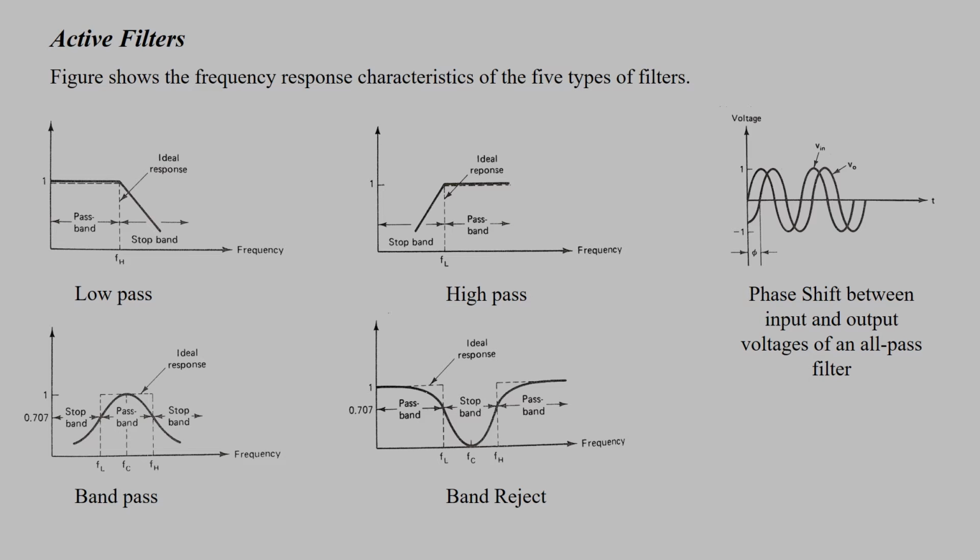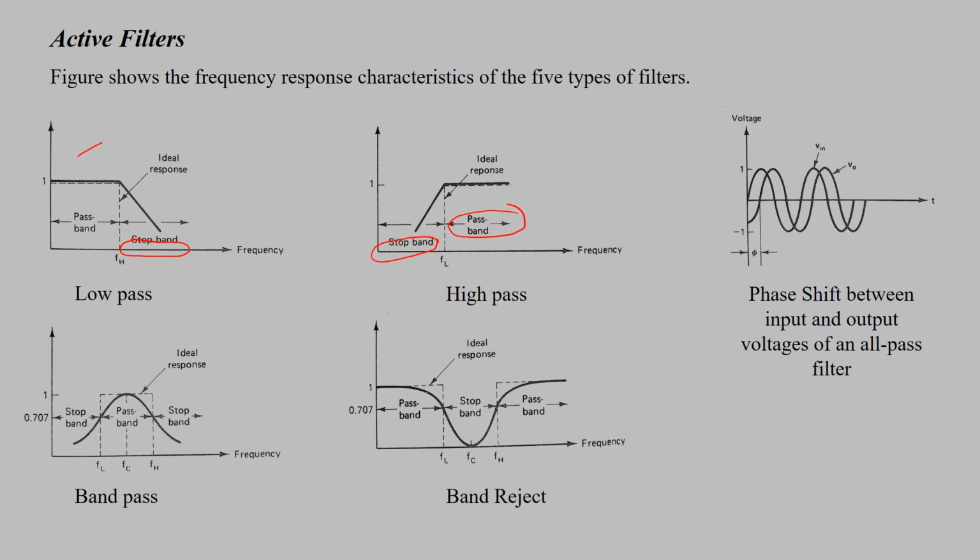This shows the frequency response of the filters already discussed. Low pass, where the low frequencies are allowed to pass and high frequencies are stopped. So this is the stop band of a high pass filter and the pass band of a high pass filter.